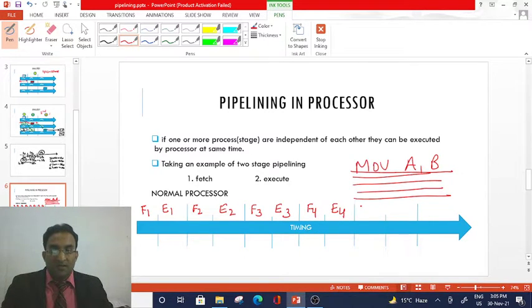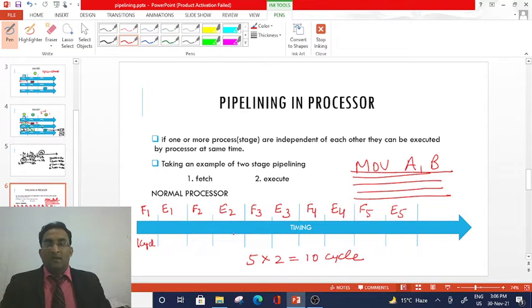After its completion, the fifth instruction will be fetched and executed. If each stage takes one cycle, then the total is 1 2 3 4 5 6 7 8 9 and 10 cycles. That means 5 into 2, equals 10 cycles taken by the normal processor.